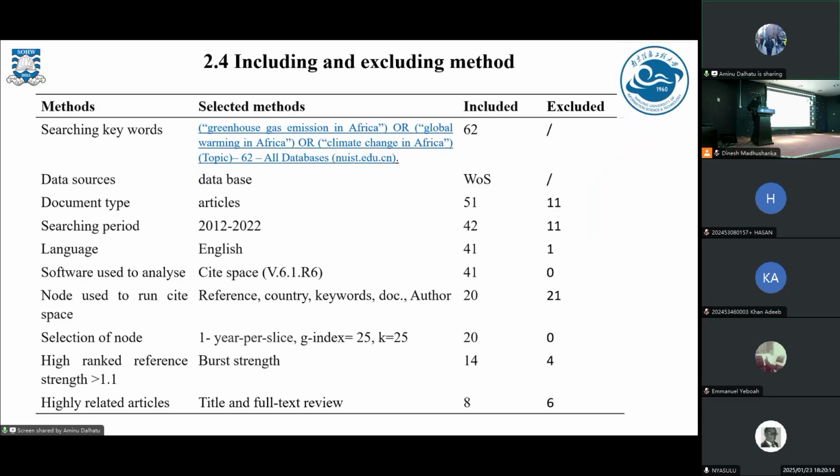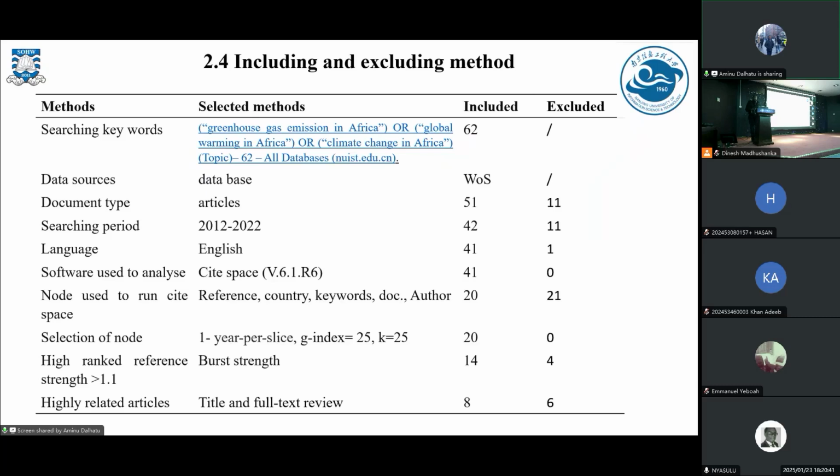Okay, I didn't include it in this slide, but on carbon dioxide and greenhouse gas emission in Africa, one gap is data. There is not enough data to compare over the whole of Africa. Most of it is published for small regions.